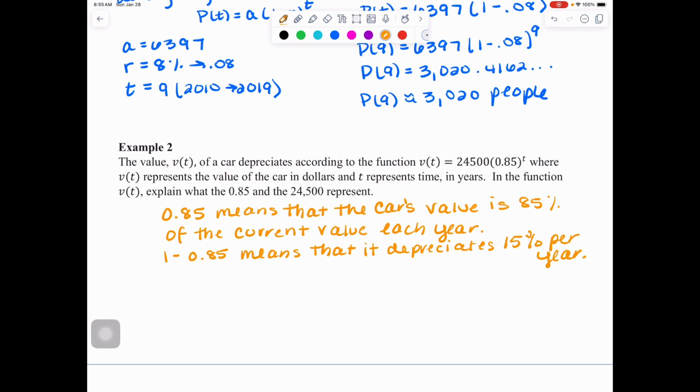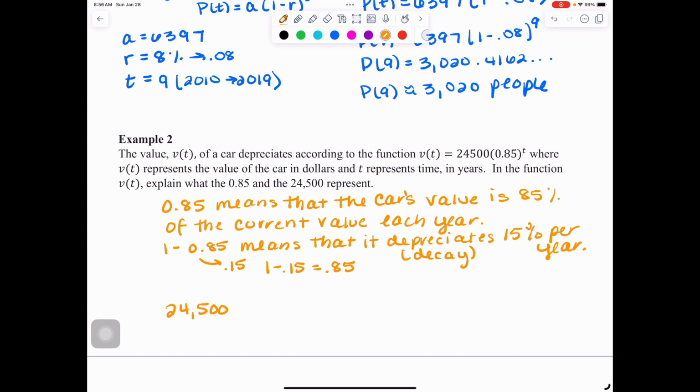So if I look at it from a perspective of the formula, I did 1 minus 0.85 to see what my answer would be. My answer to 1 minus 0.85 is 0.15. So that means I must have done 1 minus 0.15 to get the 0.85 that was actually in the formula. So that means this car is really depreciating, which is decay, 15% per year.